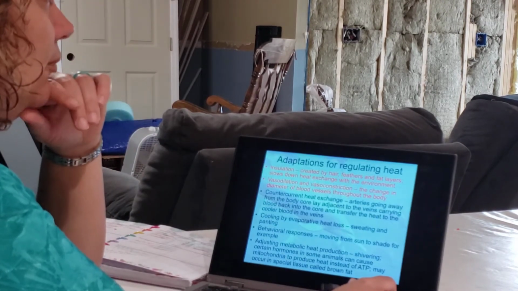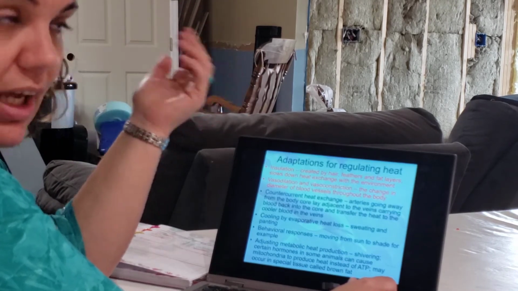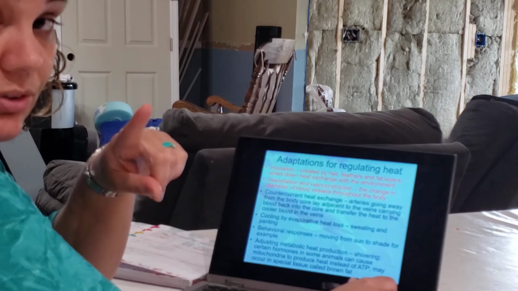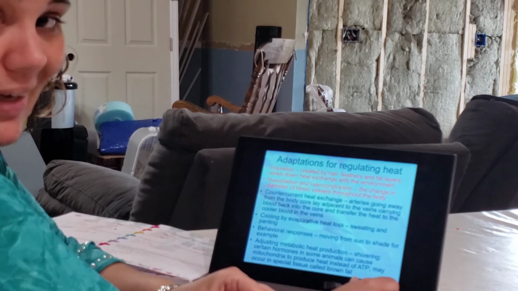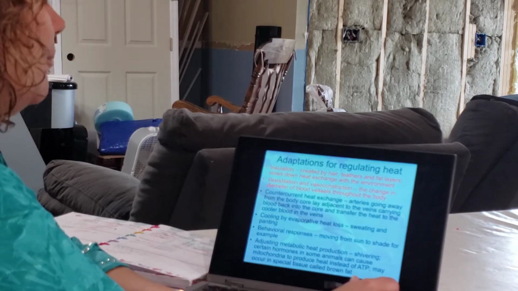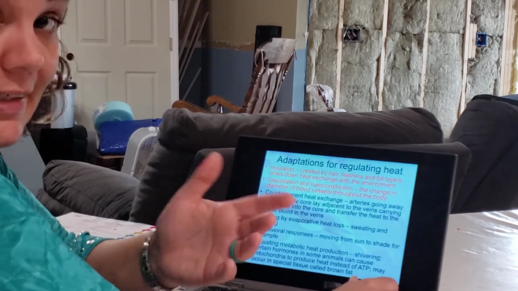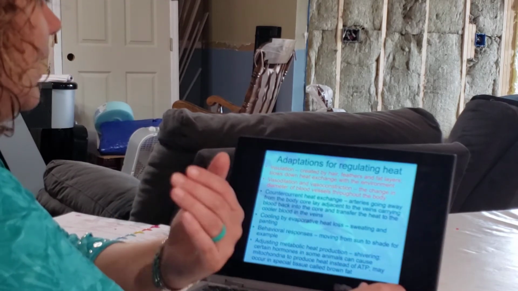Insulation. All right, if we're talking about marine mammals, it's blubber, except for sea otters. That's their hair. Their hair is so thick. They have 1 million hairs per square inch. Their fur is really thick, okay? It can be feathers. It can be fat. It can be hair. If we're talking about polar bear, it's hair. It just depends on the animal.